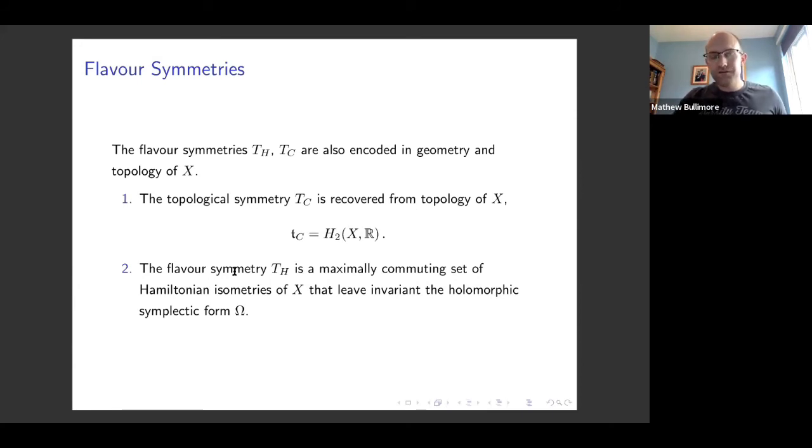On the other hand, the Higgs branch flavor symmetry is again given by Hamiltonian isometries of the target space. But this time, the Hamiltonian isometries that leave the holomorphic symplectic form invariant. If you want to say that in a hyperkähler way, these are tri-Hamiltonian isometries.